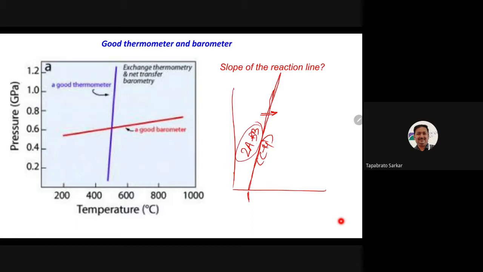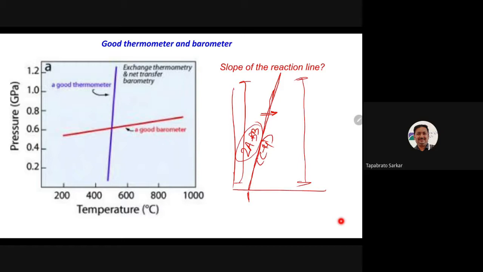But it is not sensitive to pressure, because throughout a range of pressure you can have only one assemblage, A plus B or C plus D. Even if you change the pressure a lot, the mineral assemblage won't change much. But if you change the temperature a little bit, the mineral assemblage would change, which means this is more sensitive to temperature.